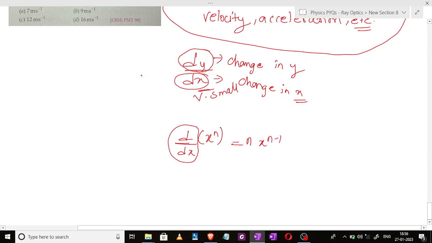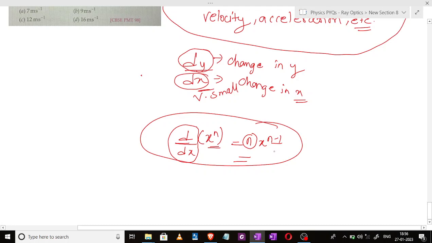The n that was the power comes in front, and the exponent is reduced by 1, becoming n minus 1. So this is our formula for differentiation: d/dx of x^n equals n x^(n-1). If we remember this formula, today's purpose will be fulfilled, but for further classes we have to understand integration as well in more depth. For now this is sufficient.